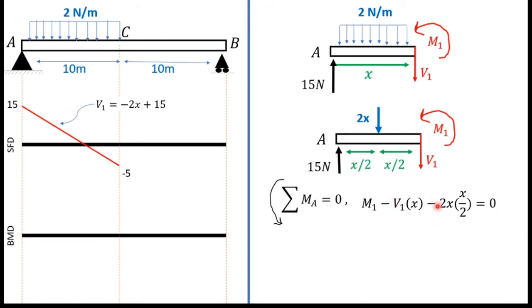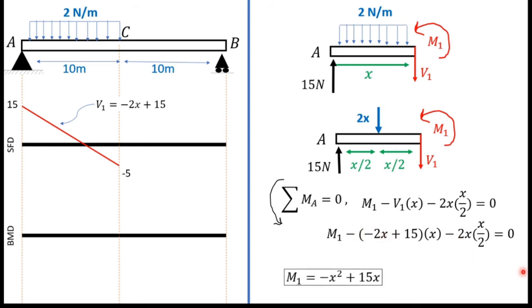So here I can substitute this equation for V1. When I substitute it and simplify, I can get M1 equals minus x squared plus 15x.